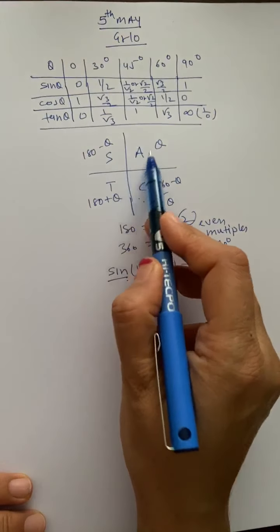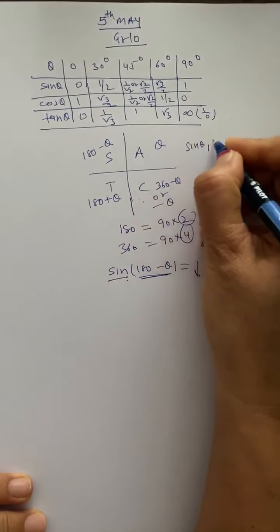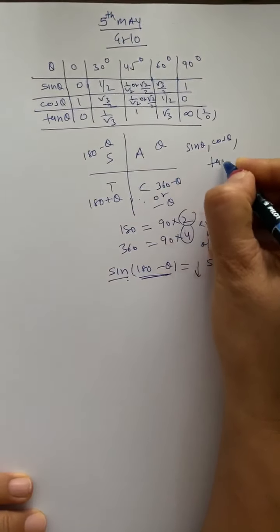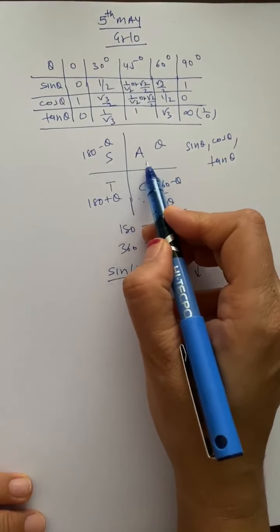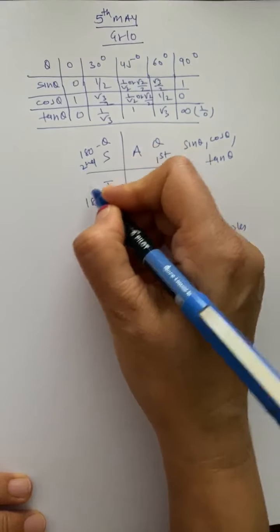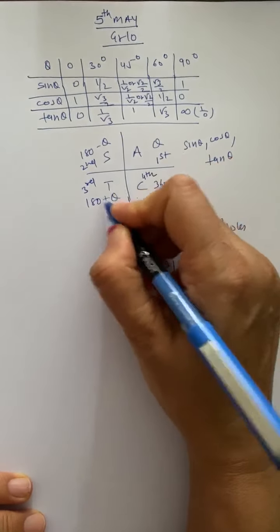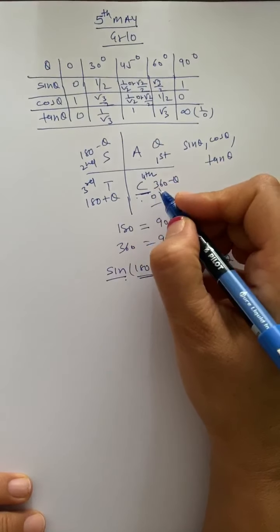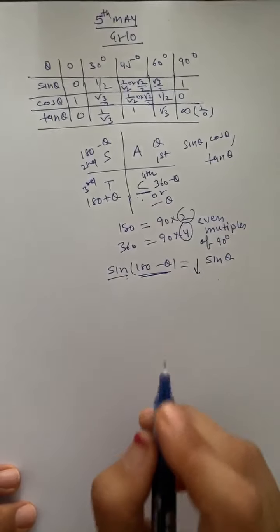A means all trig ratios are positive, and remember we are going to mainly work with only 3 trig ratios: sine, cos and tan. So all 3 are positive in the first quadrant, in the second quadrant sine is positive, in the third quadrant tan is positive, and in the fourth quadrant cos is positive. So this is again another important thing which you need to make sure that you remember.